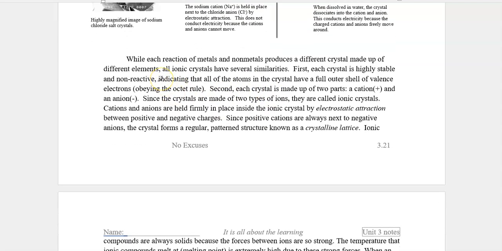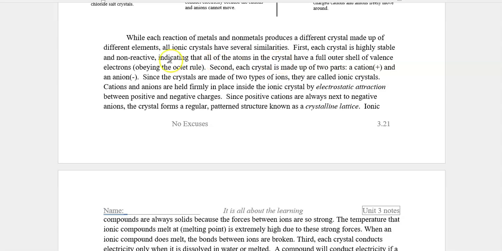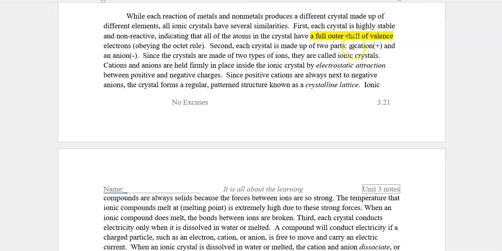While each reaction of metals and nonmetals produces a different crystal made up of different elements, all ionic crystals have several similarities. First, each crystal is highly stable and non-reactive, indicating that all the atoms in the crystal have a full outer shell of valence electrons, obeying the octet rule. Second, each crystal is made up of two parts, a cation plus and anion minus.